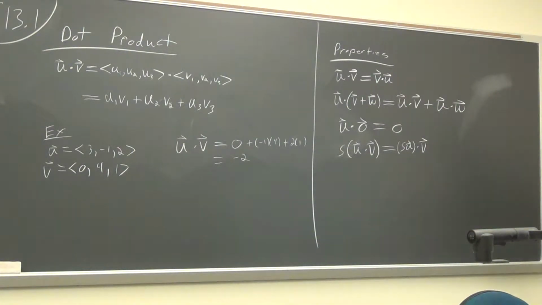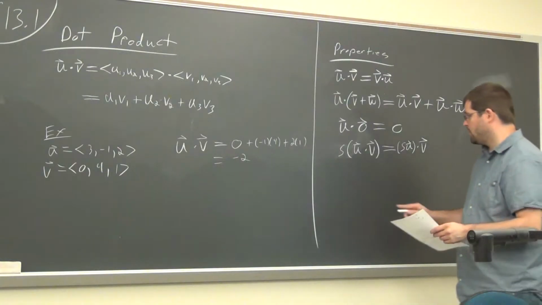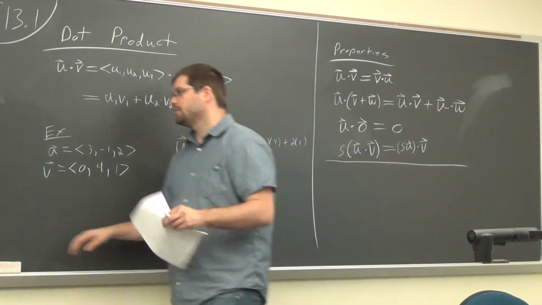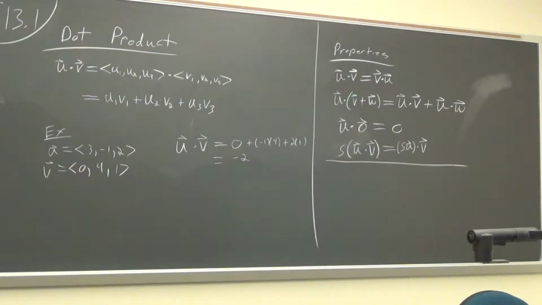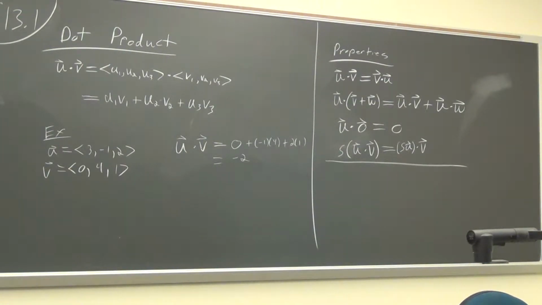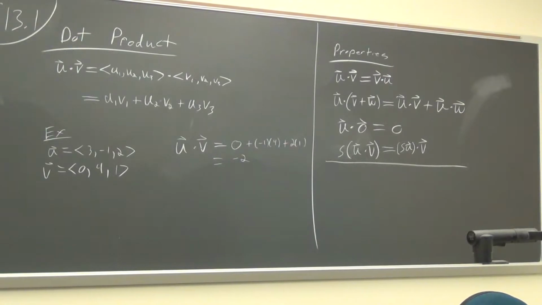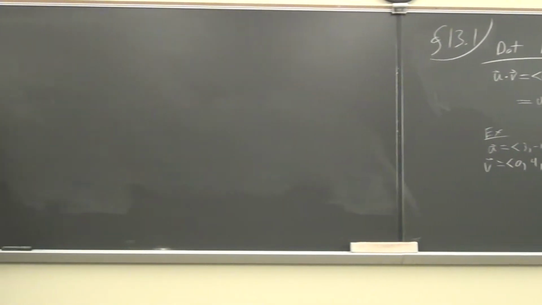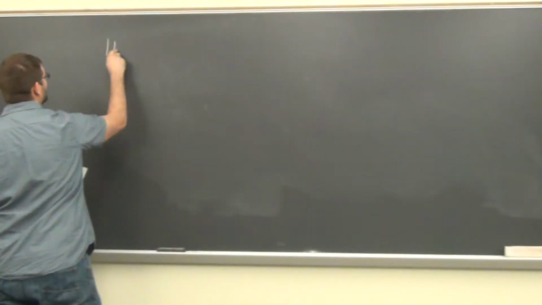Those are all useful and you should know how they work. Don't spend time specifically memorizing them, but as you start working with vectors, hopefully you get comfortable with them. These are the most important properties.